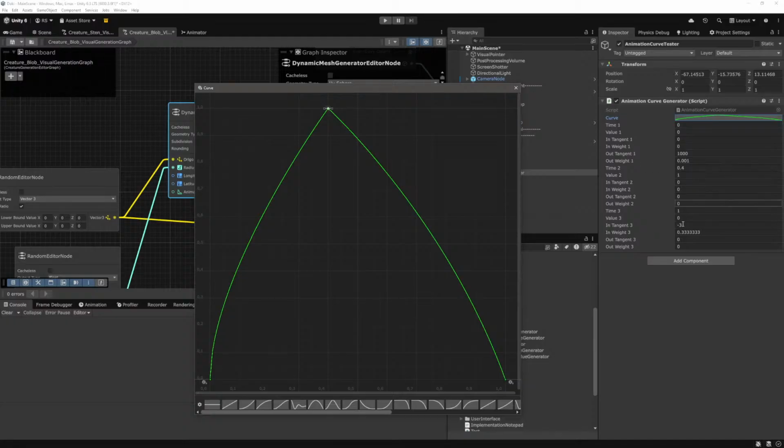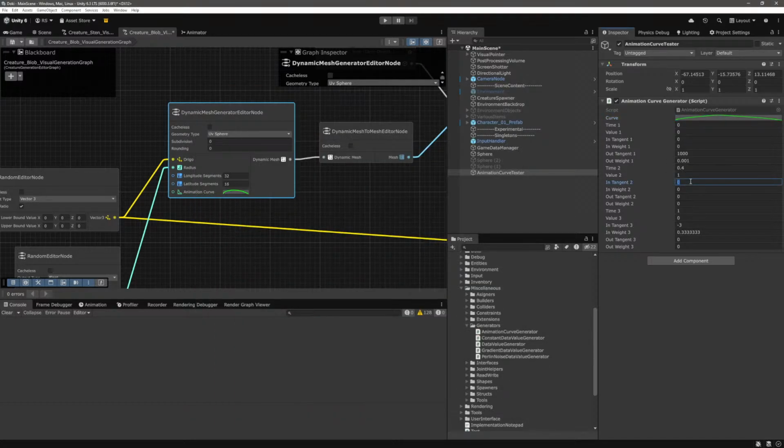Yeah. But that doesn't make sense. So for the middle point, we have time 0.4, value 1, in tangent 0, out tangent 0, in weight 1, out weight 1.